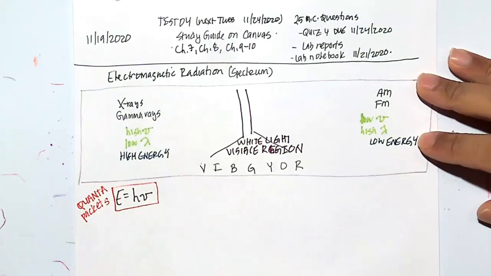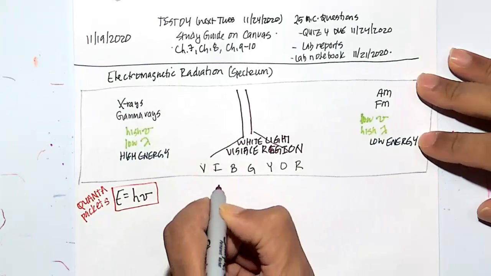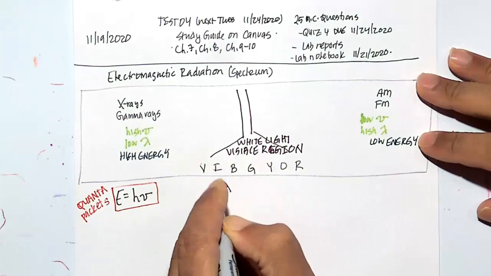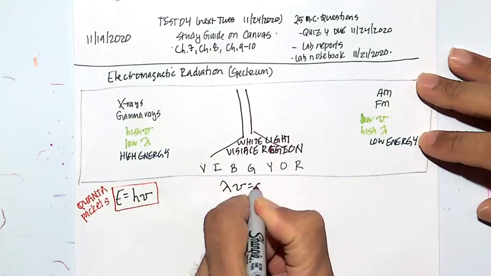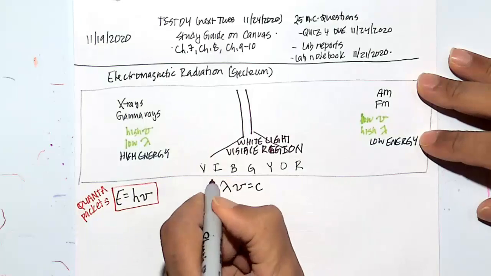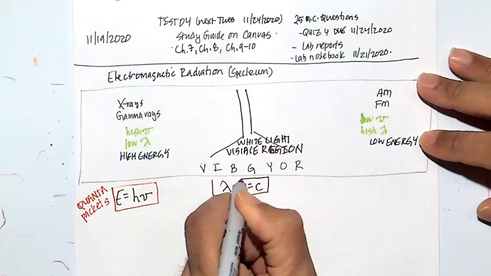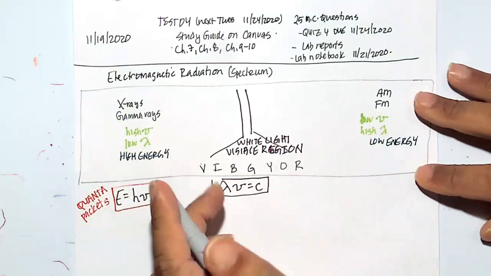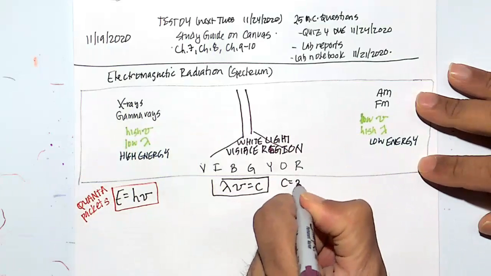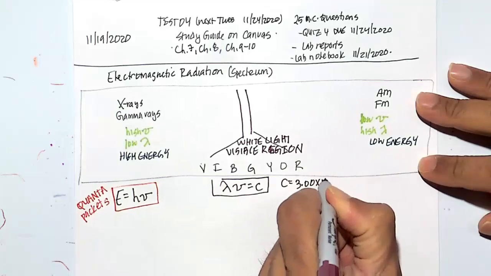The second equation that's important for you guys to know and recognize is this: lambda, wavelength, times frequency v is equal to the speed of light c. So these guys here on this spectrum travel at the speed of light, and the speed of light c is 3 times 10 to the 8 meters per second.